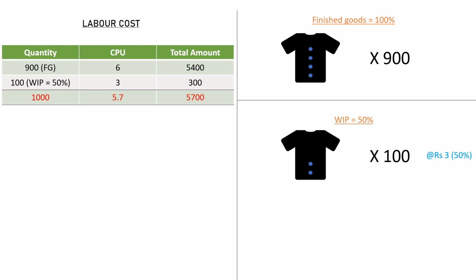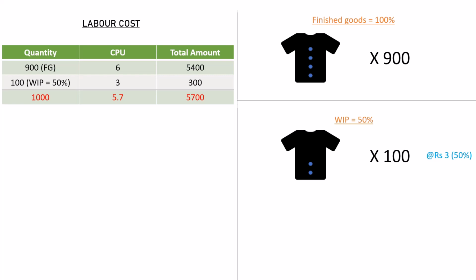So here we have 900 shirts with 4 buttons, which is our finished goods, and 100 shirts with 2 buttons, which is our work in progress, where degree of completion is 50%. The question here is, what is equivalent production? Instead of doing 50% work on these 100 units, which is, instead of attaching 2 buttons to 100 shirts, to how many shirts could I have attached 4 buttons by performing the same amount of work?